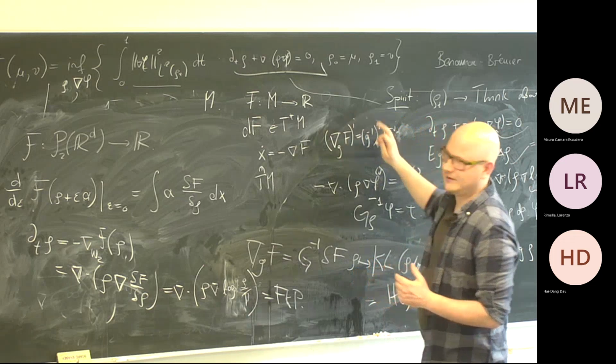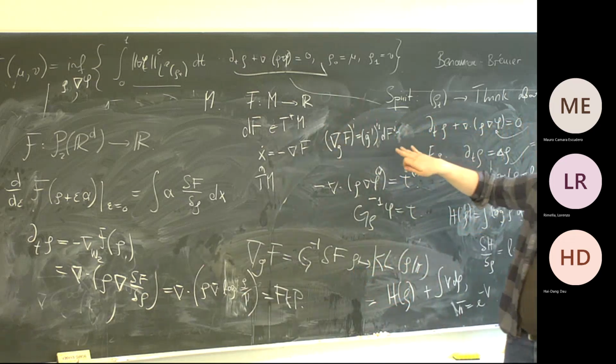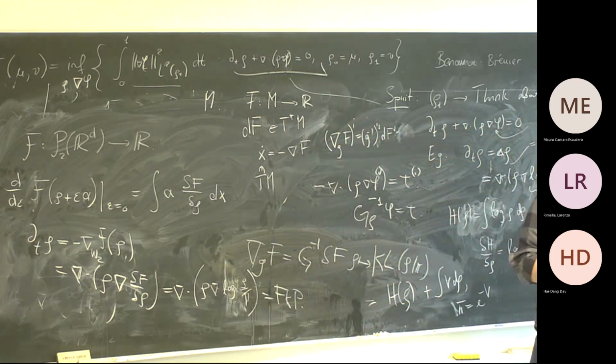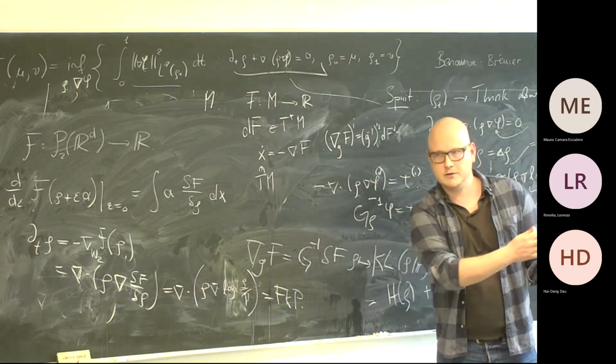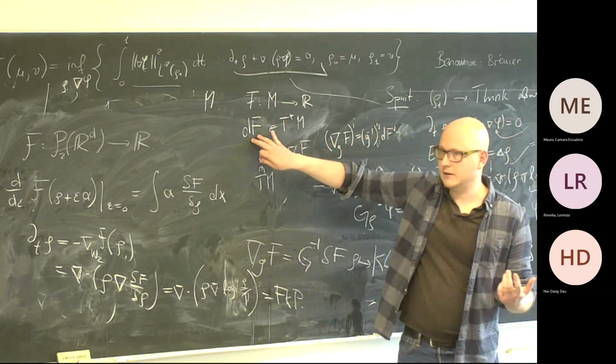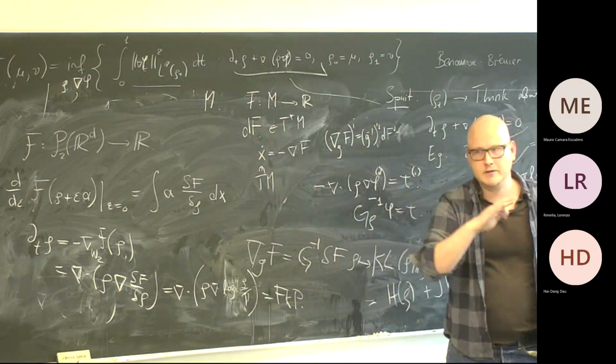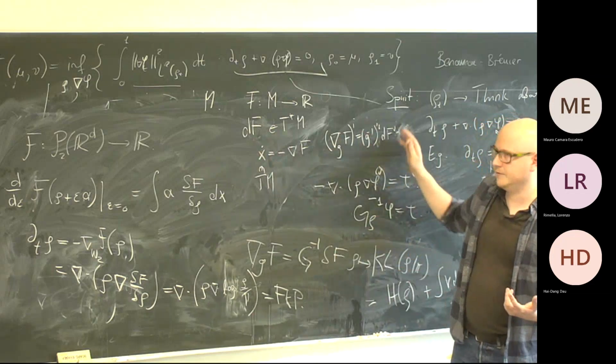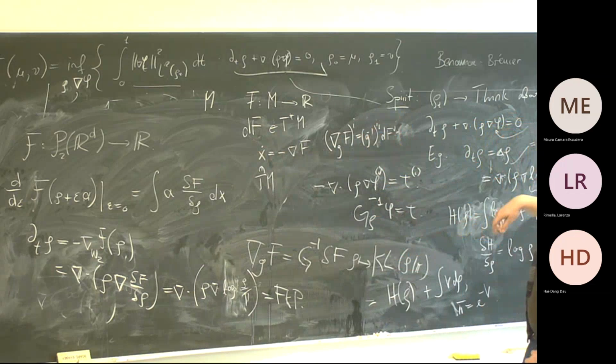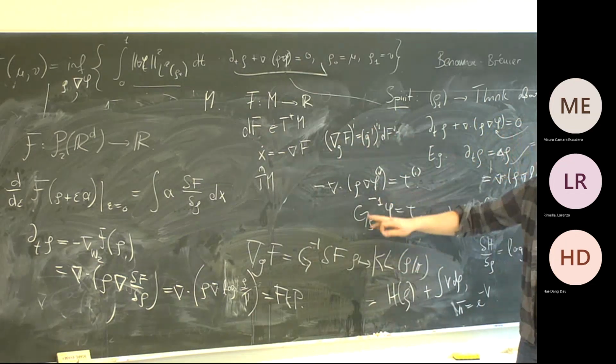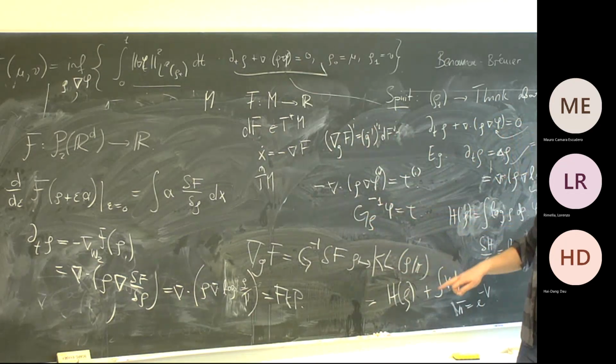In coordinates you have to compute the gradient, and then you use the components of the metric tensor and have this kind of equation. And it's the same. So this is also what Juan wrote here. Where is it? Oh, it's here.